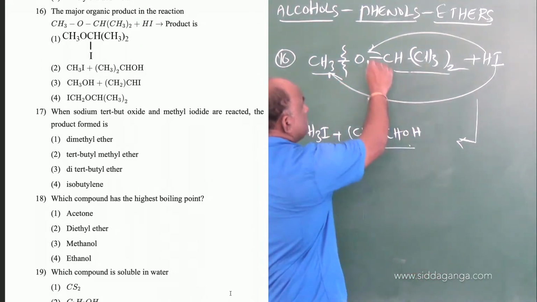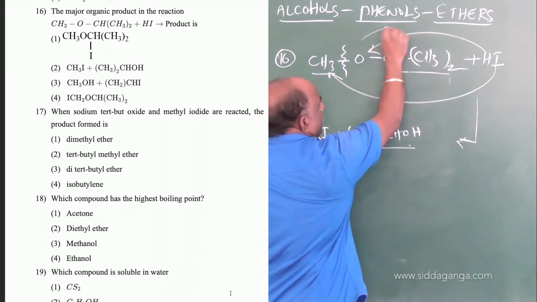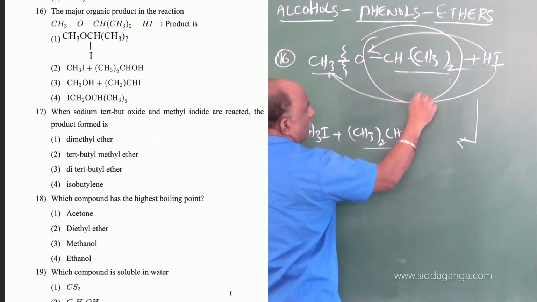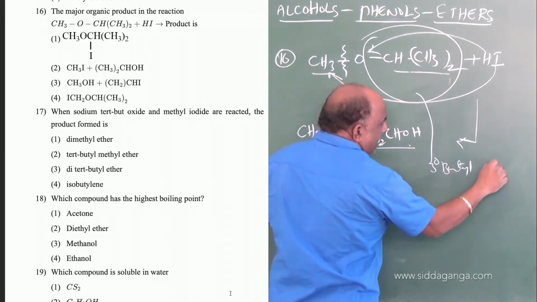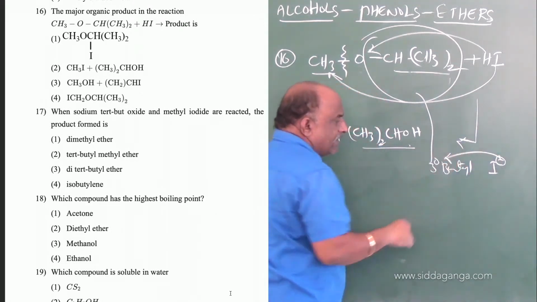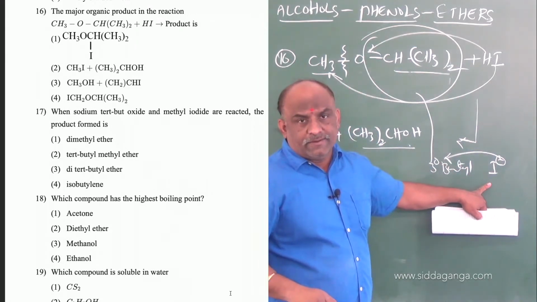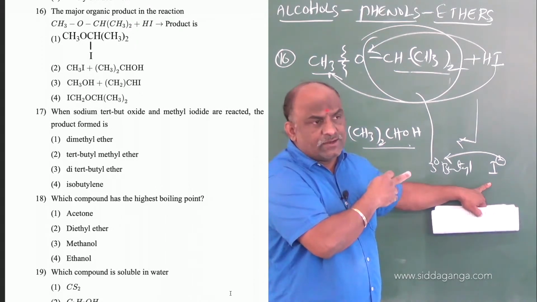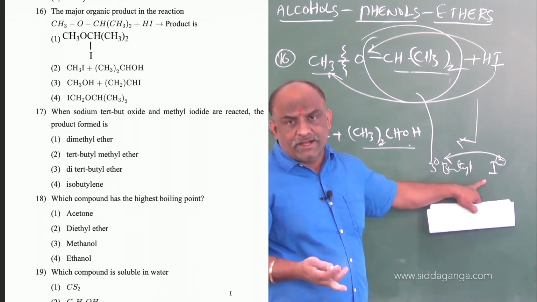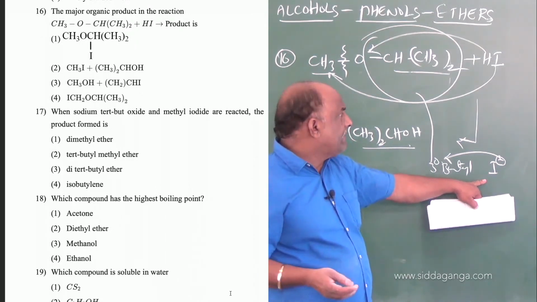Suppose a tertiary butyl group is there. Then I minus attacks the tertiary butyl group, and we get tertiary butyl iodide. This will be the exception. And suppose a phenol group is also there: phenoxide requires hydrogen. We already discussed many examples of this type.